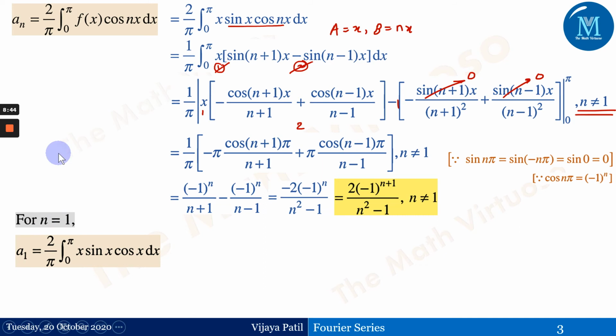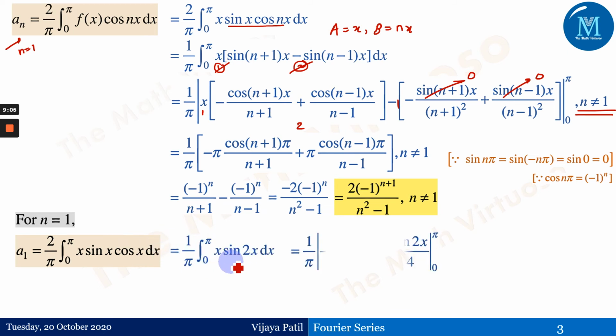Whenever I'm putting n equals to 1 in this formula, a1 is equal to 2 by pi integration 0 to pi f of x, that is x sine of x cos of nx, but I'm putting n equals to 1, so I get x sine of x into cos of x dx, which is the same as 1 by pi integration 0 to pi x sine of 2x.